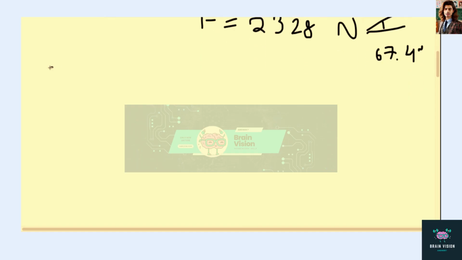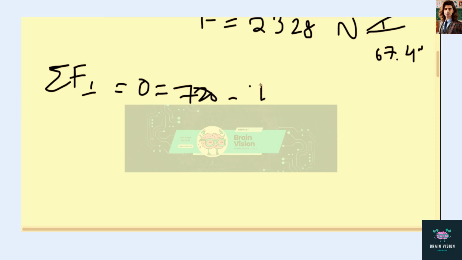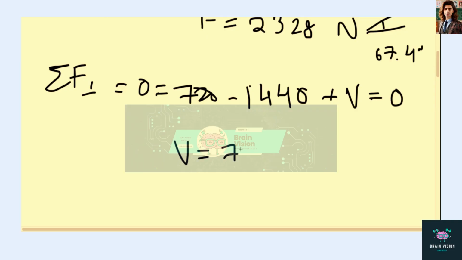Next, we will do the net force in the perpendicular direction equals 0 equals 720 minus 1440 plus V equals 0. Therefore, V equals 720 newtons, and that will be in the direction of 22.6 degrees.